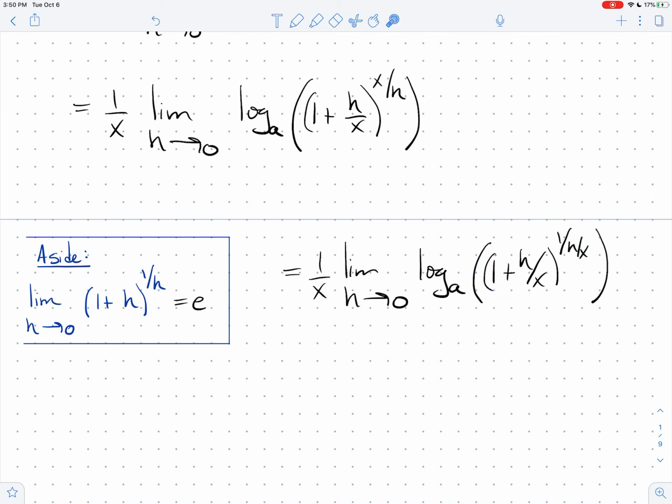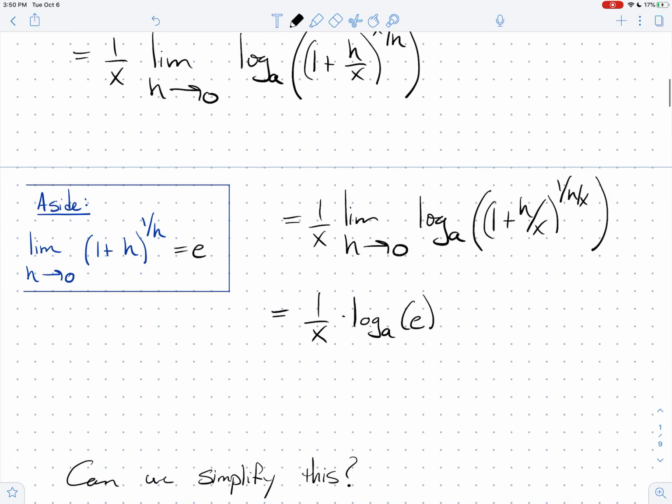As h goes to 0, this guy is going to 0, and I have 1 over something going to 0. And so I know that this limit exists. This is going to be 1 over x, because with regards to h, x is just a constant, times log base a of the number e. And so that's what we figured out.